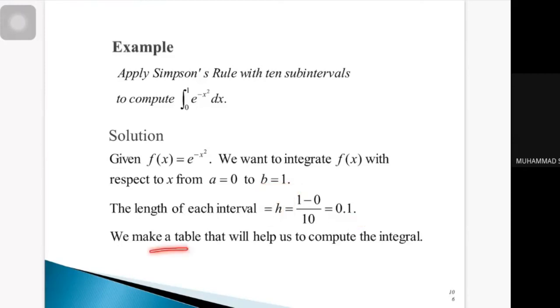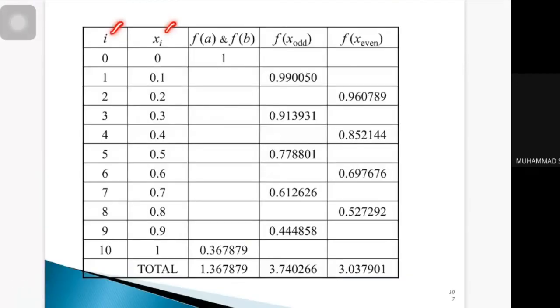We make a table that will help us compute the integral: i, xi, f(A), f(B), f(x) odd and f(x) even. For f(x) odd, i equals 1, 3, 5, 7, 9. And then f(x) even, 2, 4, 6, 8.